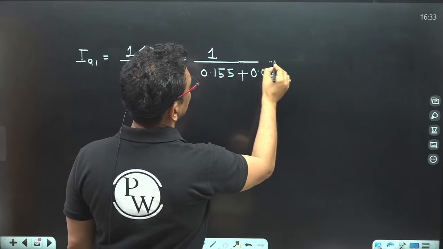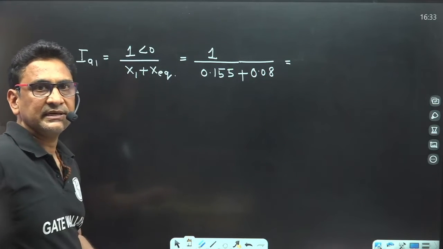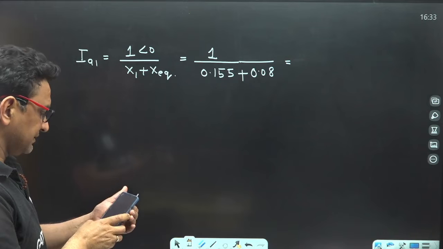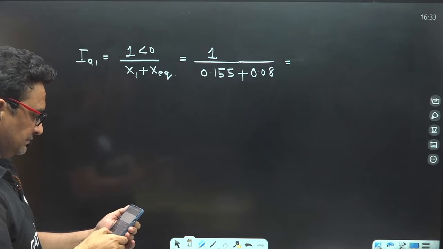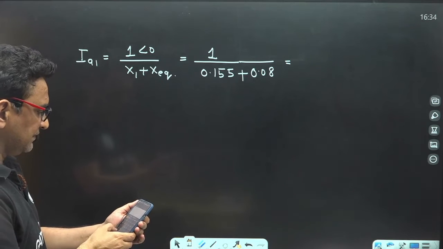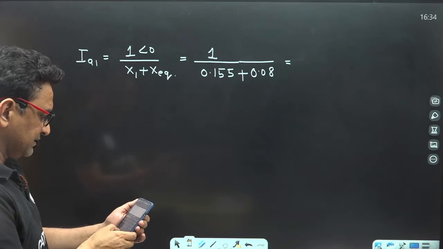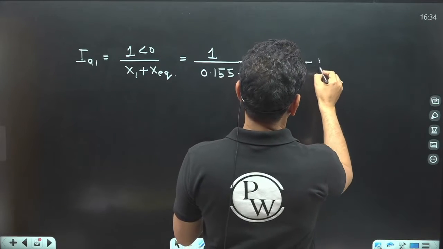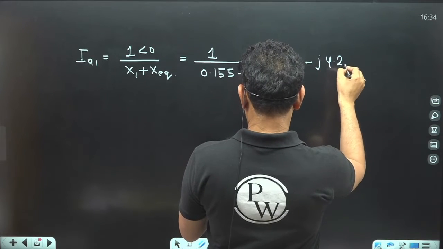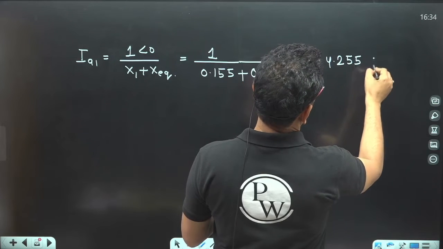This is our positive sequence current in case of a double line to ground fault. So 1 divided by 0.155 plus 0.08, which is minus j 4.255 pu.